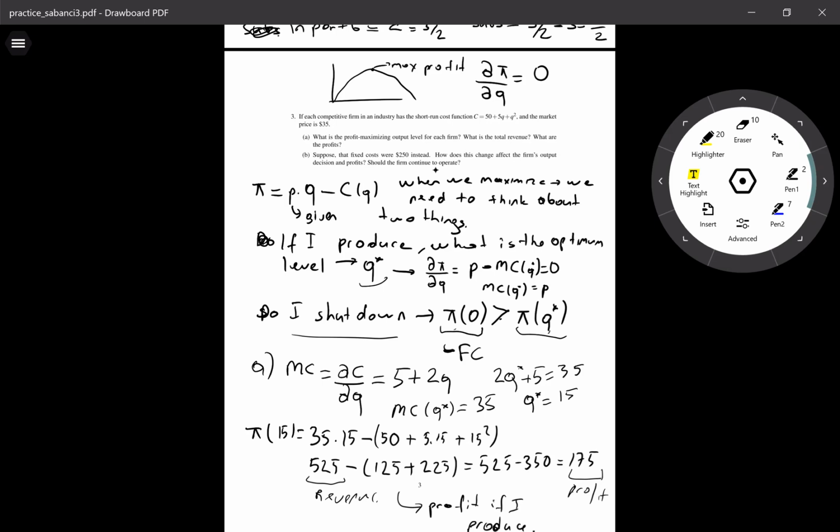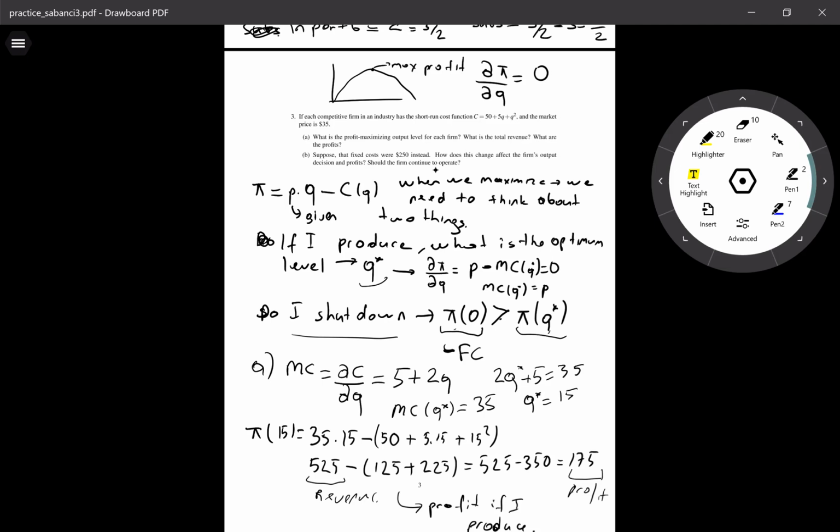Once we change the fixed cost, do we need to redo the calculations of the optimum level of output?